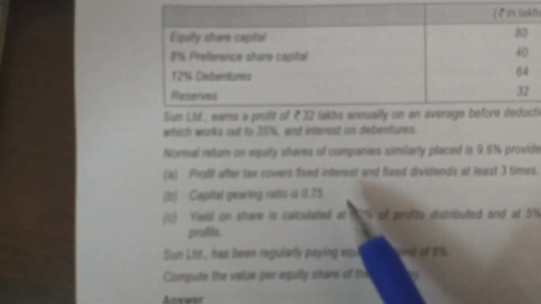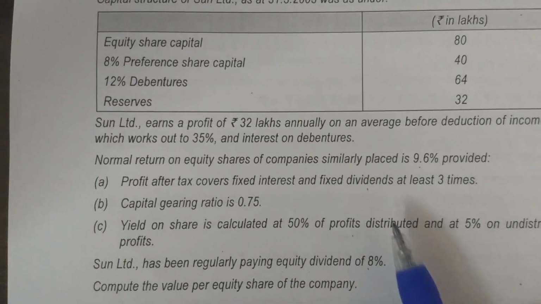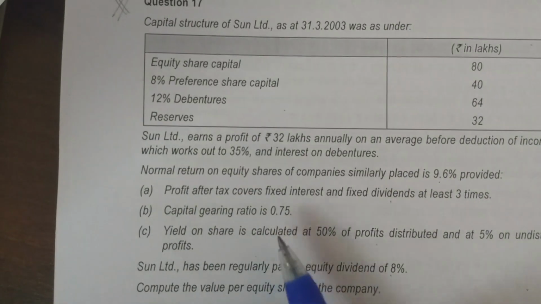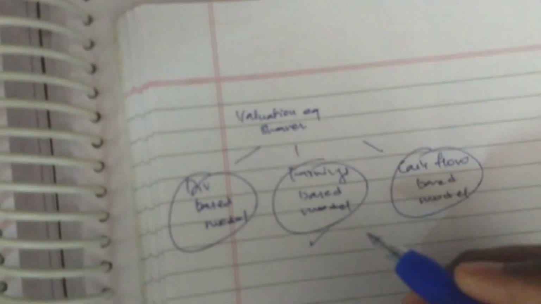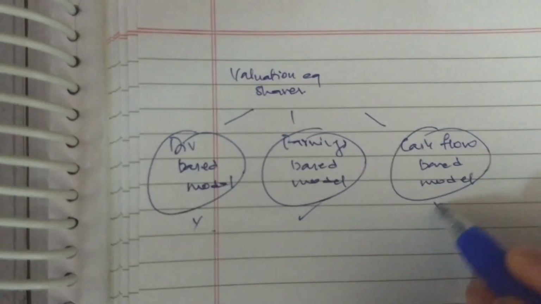Now, which model should we take in this question? Here we have hints like fixed interest and fixed dividends, capital gearing ratio, yield on share. These three indicate a specific model, which is the earnings based model, and not the dividend or the cash flow.